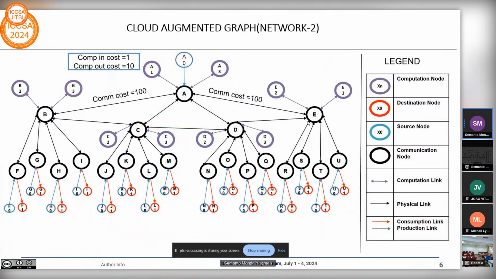And this is the second network, which is the advanced version of network one. The difference is that initially in network one there is a single source and three destinations. Here there is a single source and 14 destinations, and there are four access nodes associated with each edge node.